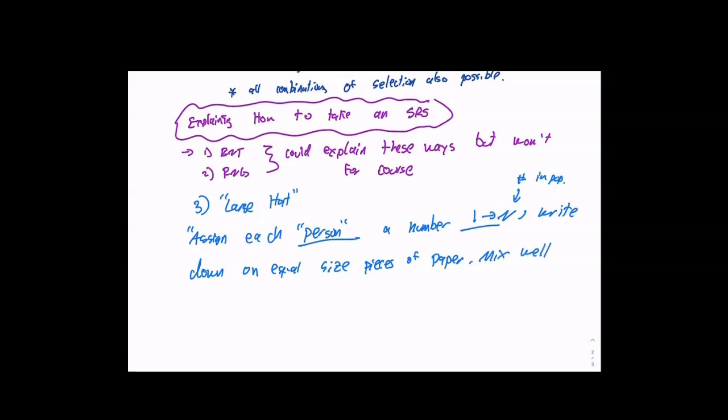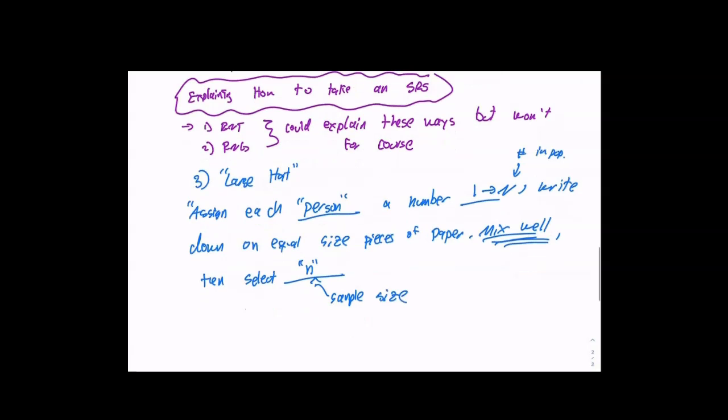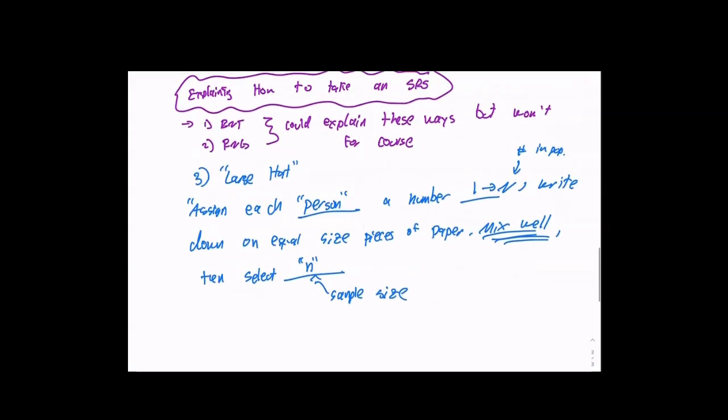Mix well. That's a very important part to state, is mix well. That's the randomness part. Then select blank, however much you want in your sample size. So when I ask you, explain how you would do a simple random sample, whenever it says to explain how, this is what you would do for a simple random sample.